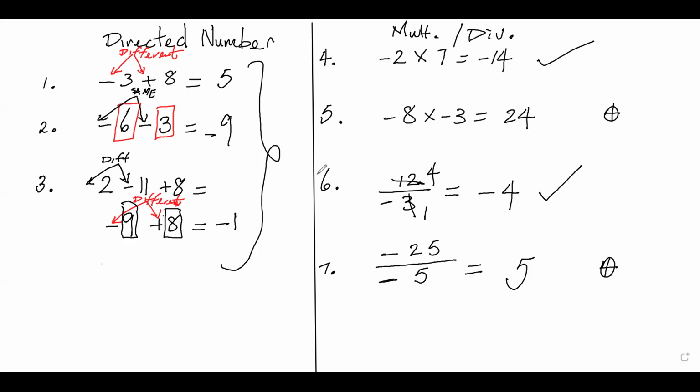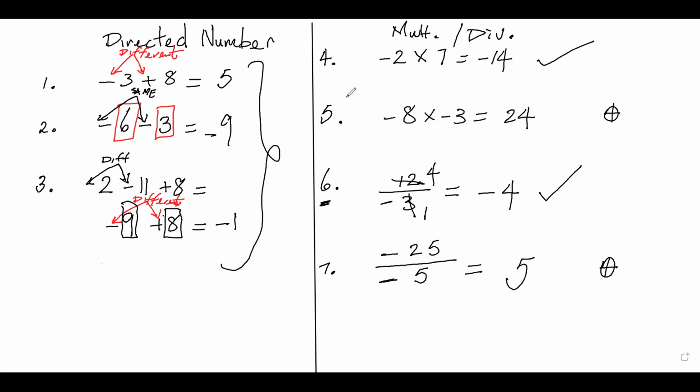In number 6, when you are dividing 12, 12 is bigger, so you're tempted to put positive 4, but the rule is when you are dividing a positive number by a negative number or a negative number by a positive number, you're still going to get negative. Once one of them is negative, the answer is negative.